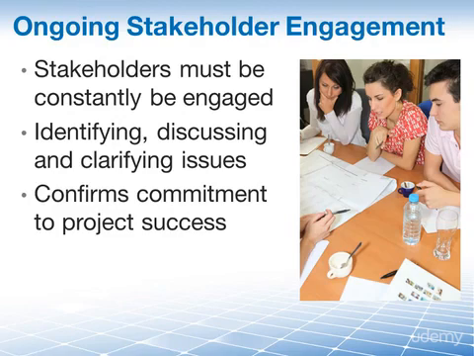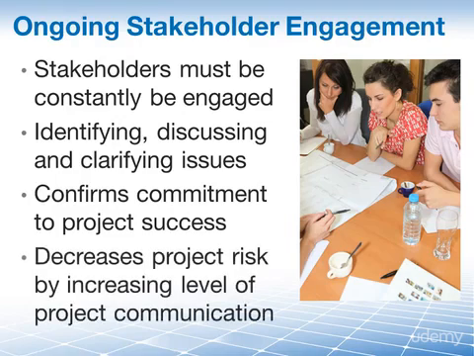The major benefit of the ongoing and active engagement of stakeholders on the project is that it helps to significantly increase the communication levels on the project. This in turn decreases the risk that the project will fail to meet its stated goals and objectives.